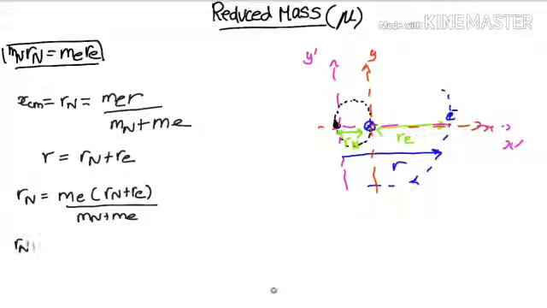So you can say that Rn mn plus Rn me expanded is equal to me Rn plus me Re. We can cancel here.